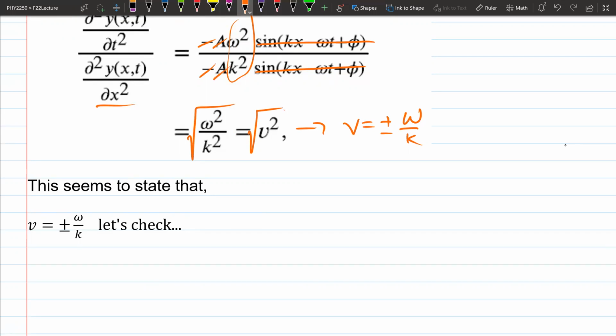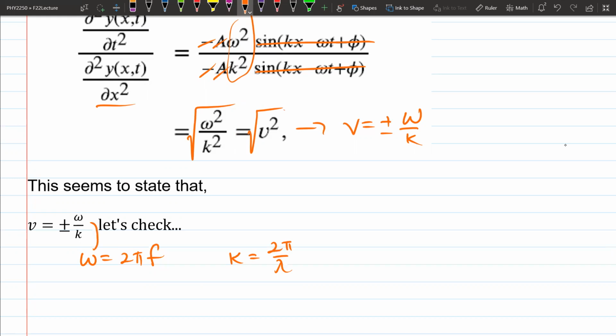Let's check. What the heck is omega? Omega is 2 pi times the frequency, and k was defined to be 2 pi over lambda.